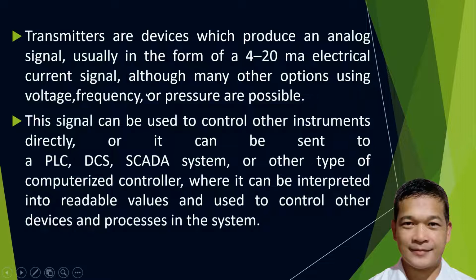This signal can be used to control other instruments directly, which is called passive, or it can be sent to a PLC, programmable logic controller, a DCS, distributed control system, SCADA, supervisory control and data acquisition system, or other type of computerized controller, where it can be interpreted into readable values and used to control other devices and processes in the system.